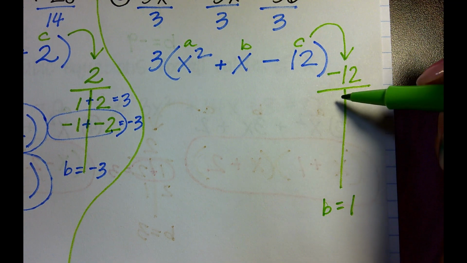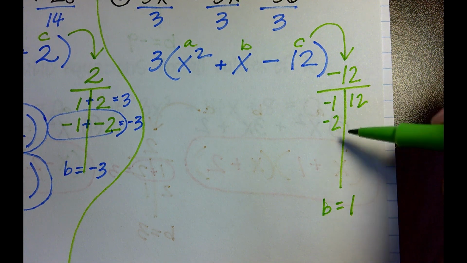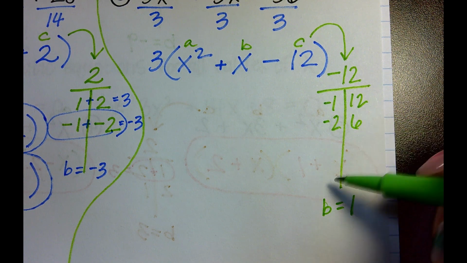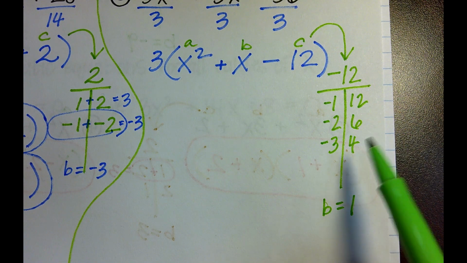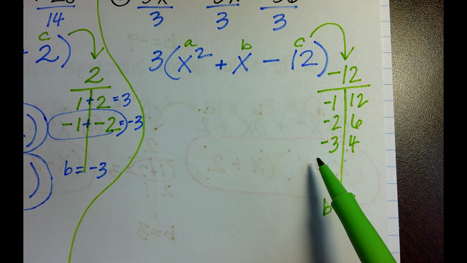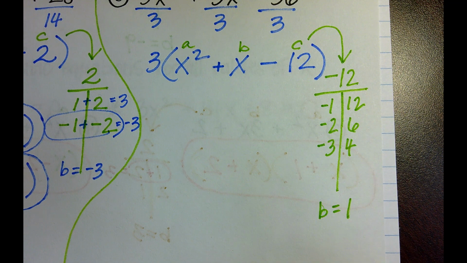So let's think, we could have negative 1 and positive 12, negative 2 and positive 6, negative 3 and positive 4. We could also flip-flop these: negative 4, positive 3, negative 6, positive 2, negative 12, positive 1.